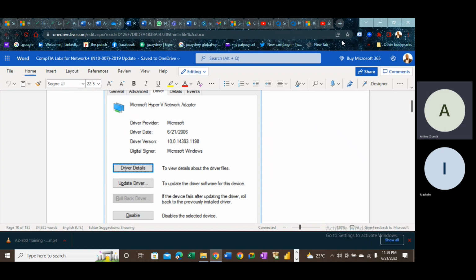The depth of what we are going to learn is what we did yesterday, and it has to do with servers: what a server is, types of server, their usage, their functionality, and purpose in the environment.